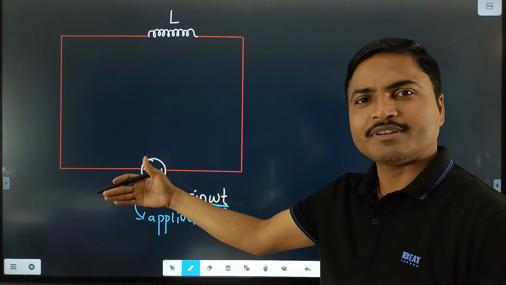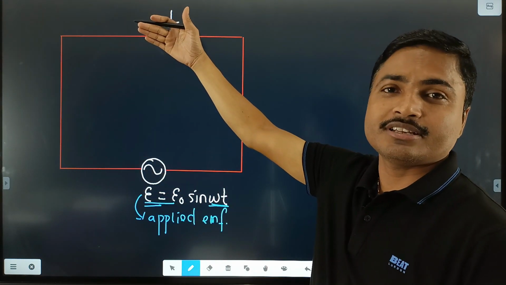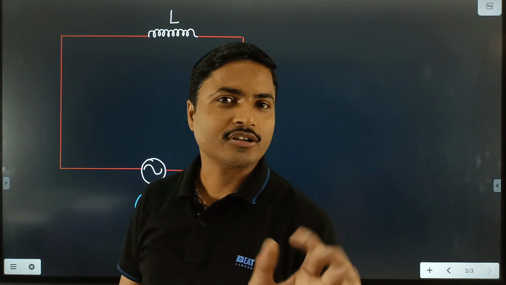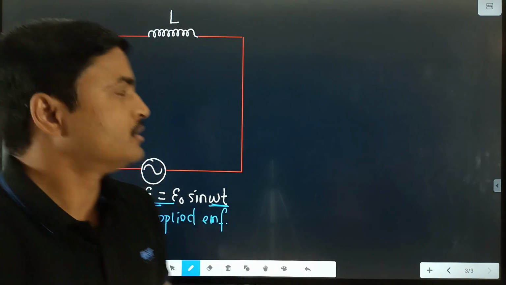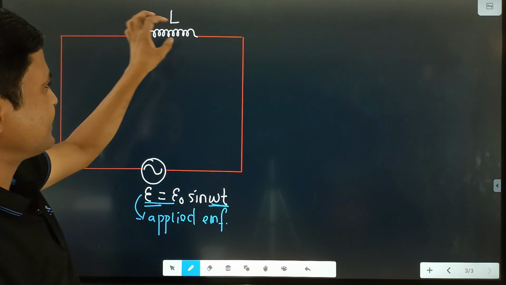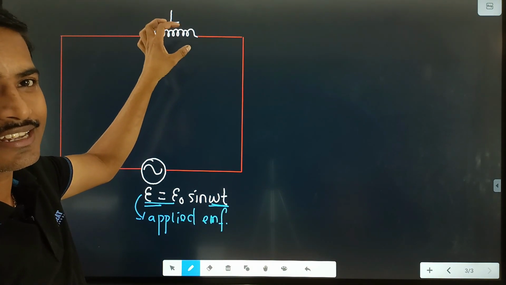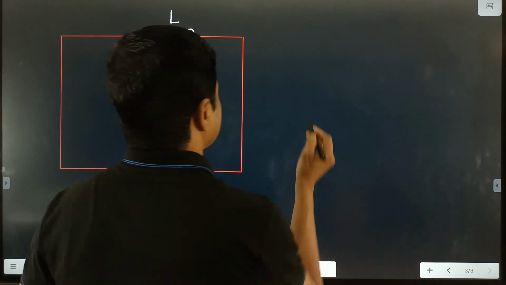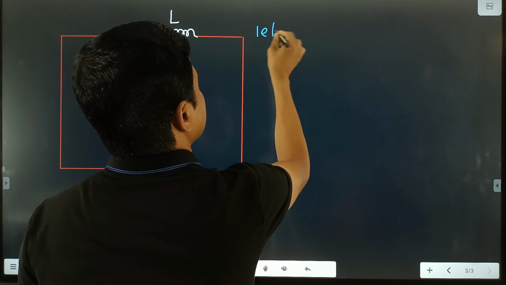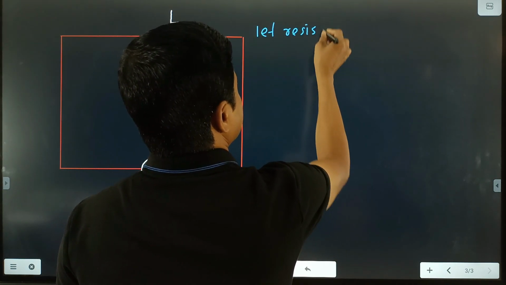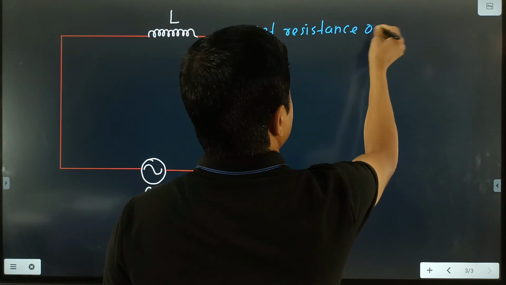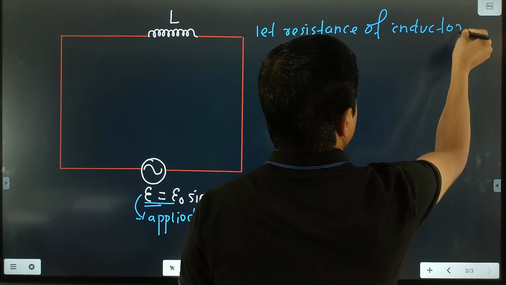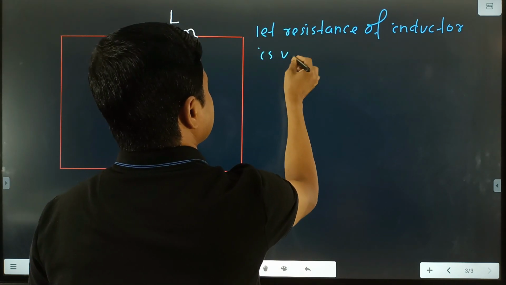Here alternating EMF is applied and a single inductor is there, so this is known as an AC circuit containing inductor only. Clear? Suppose the resistance of this circuit, or resistance of the inductor, is very negligible. Let the resistance of the inductor be very small.